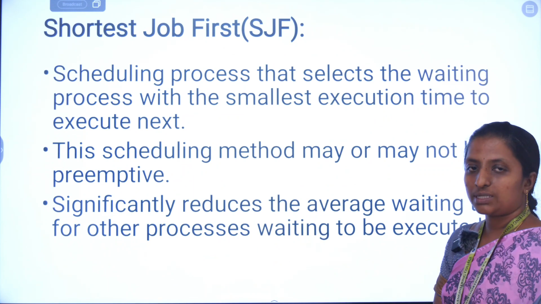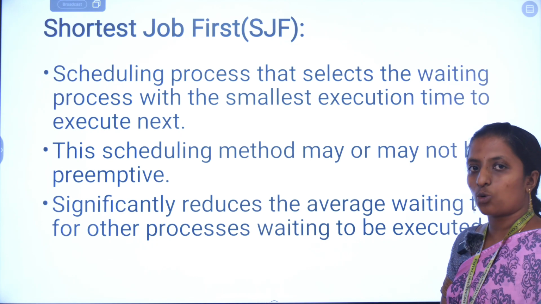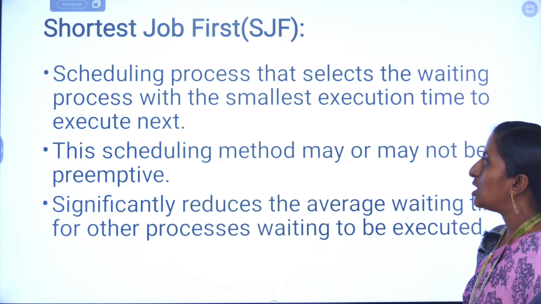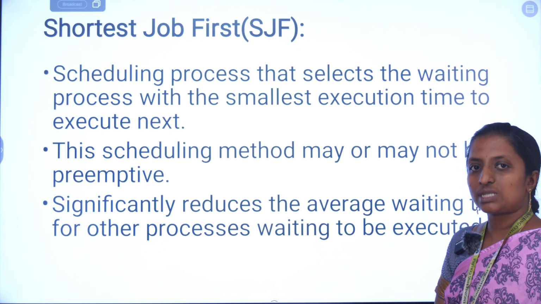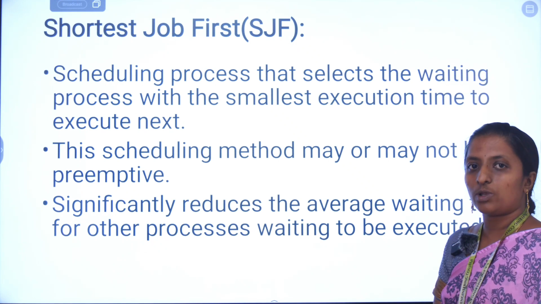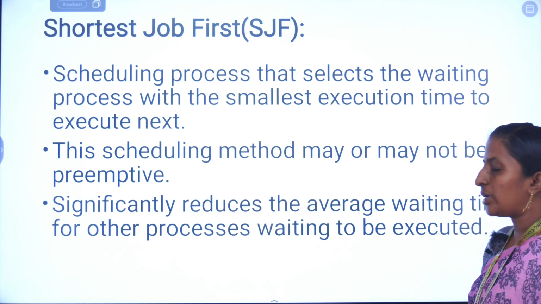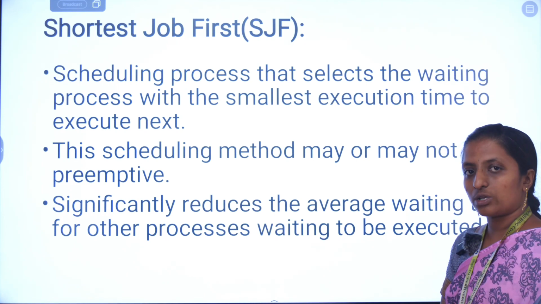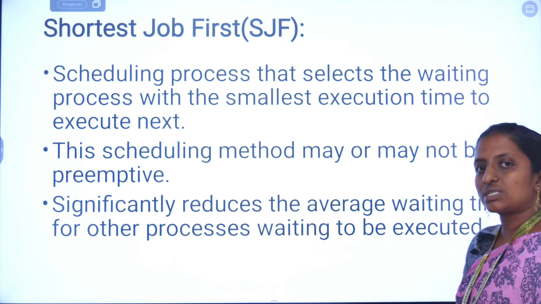SJF algorithm, that is shortest job first scheduling algorithm. So now we are going to see about this SJF. As the name indicates, the process which has the shortest execution time will be allotted the CPU. So that is the SJF algorithm. It can be a preemptive scheduling algorithm or a non-preemptive scheduling algorithm. It reduces the waiting time.